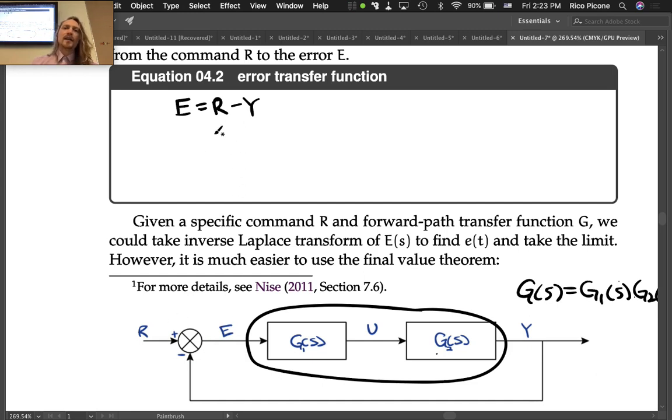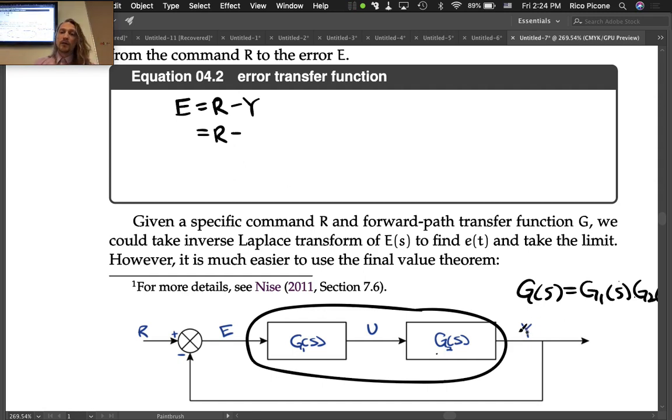We want to find a transfer function from R to E, because R is the command, so it's the input, and E is the thing we're interested to look at, so that's our output in the little mini problem we're doing here. So we need to get rid of Y, and R we want to keep.